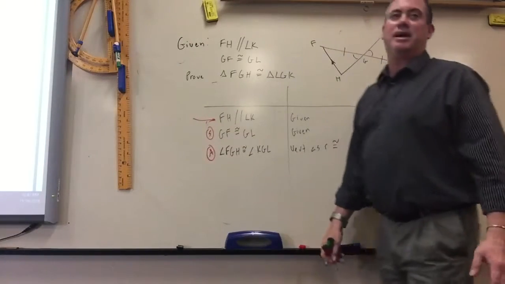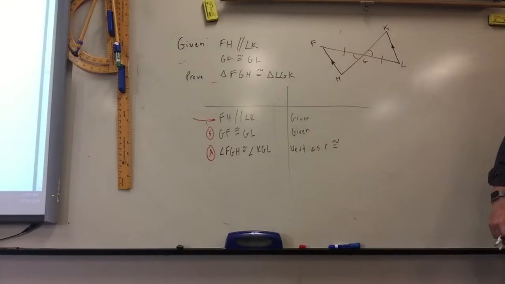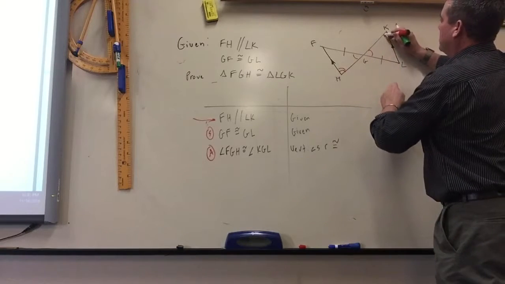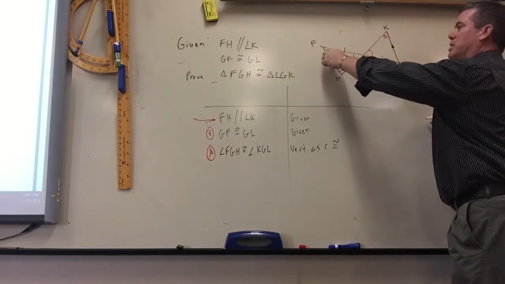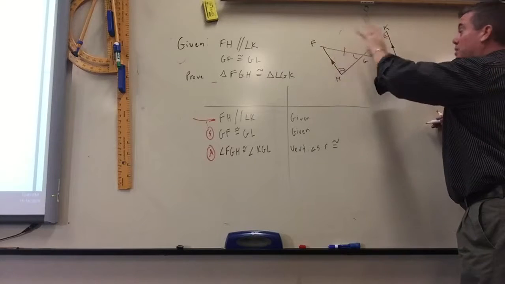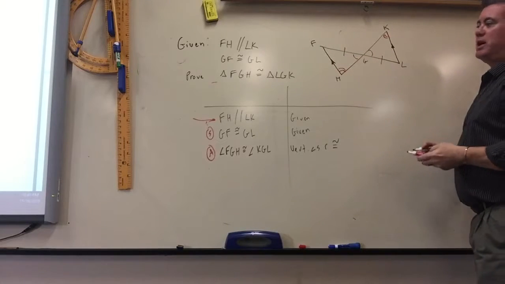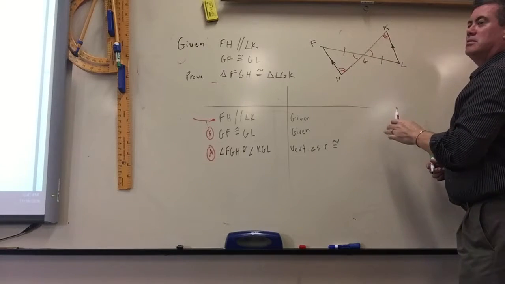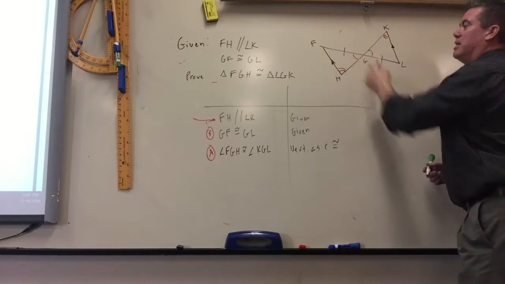And again, parallel lines, what do you got to look for? Alternate interior. And this one you got a choice. This one equals this one, or you could do these two because they're alternate interior too. Whichever one you choose changes what your answer will be though, because right now it's why are they congruent? Angle, angle, side.